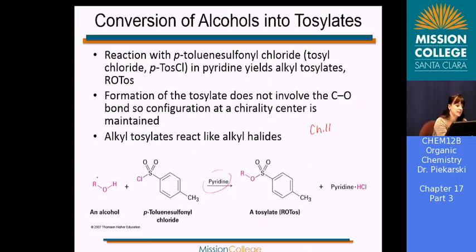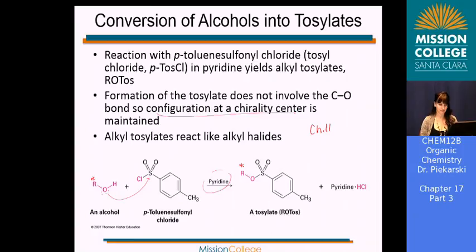So for example, let's say this alcohol had a chiral center, so that's why it has an asterisk next to it. The reaction is between the oxygen and the sulfur, and it has a very interesting mechanism I'm not going to go into right now. If you're interested, you can come to office hours and I'll talk to you about it. We don't have the time for it right now. Later on, in future slides and chapters, we will. But anyway, because the reaction is between the oxygen and sulfur, nothing's happening to the R group, so the configuration at the chirality center is maintained.